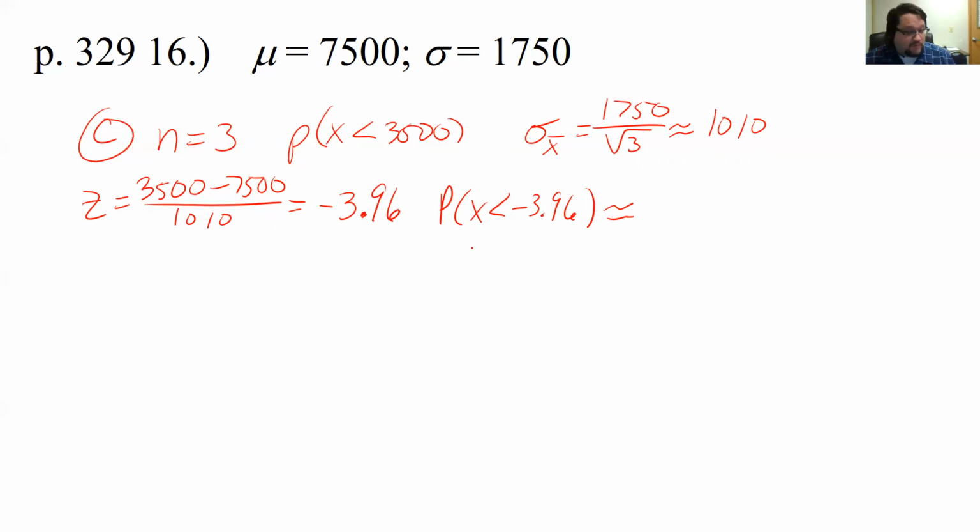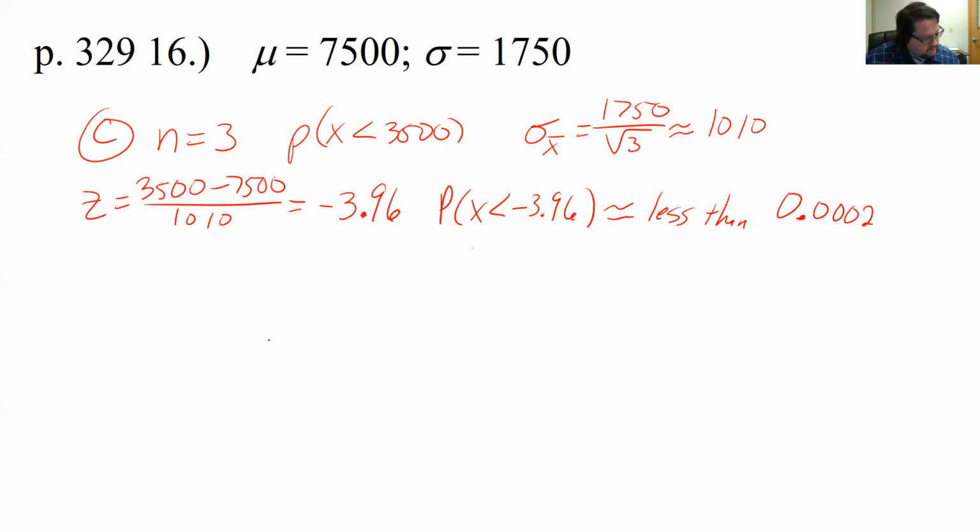The most it goes is negative 3.49. So we're just going to have to say it's less than 0.0002. That's the most we can say. We can't say exactly what it is because our table doesn't go that low, but we know it's less than this. So it's even more remote if you took 3 tests and that averaged out to be there.